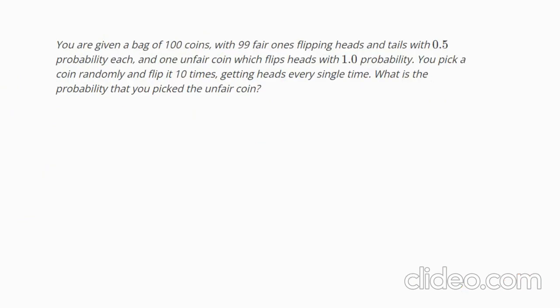Now this is a little bit different question. Given here is that we have a bag of 100 coins. 99 are fair coins. Fair coins means the probability of getting a head and the probability of getting a tail are the same, both 0.5. So we have 100 coins, 99 are fair coins and one is unfair.